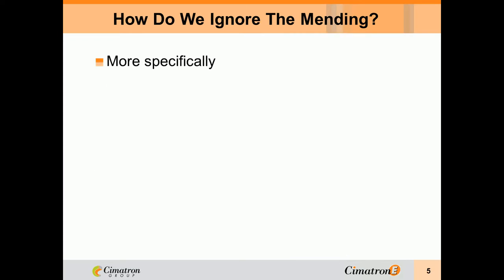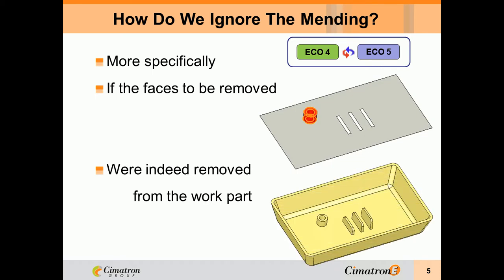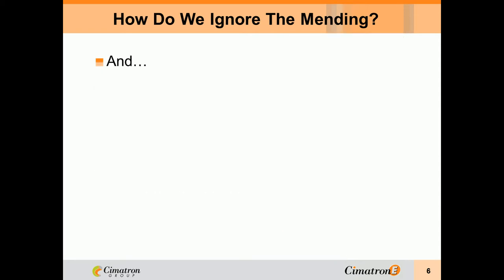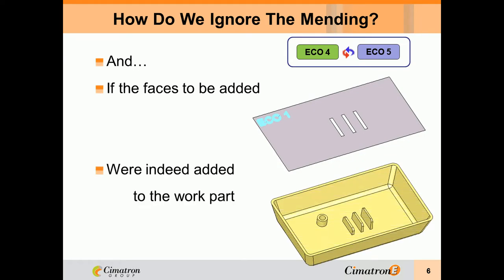More specifically, we ask if the faces to be removed were indeed removed from the work part, and the answer right now is no, they are still there, so they should appear in our comparison. And we also ask if the faces that were recognized as faces to be added were indeed added in the work part, and again the answer is no, so these faces still need to appear in our comparison.